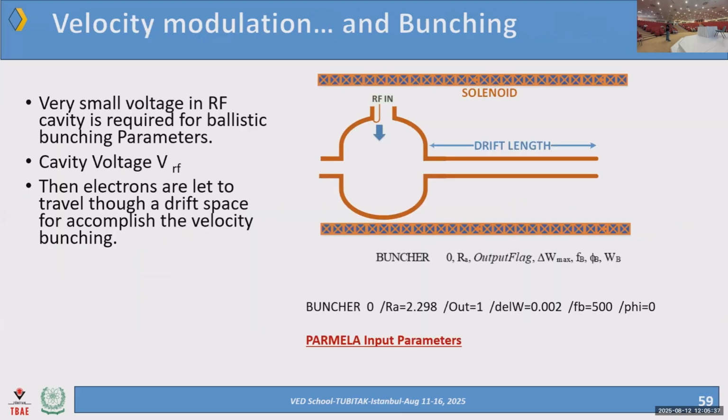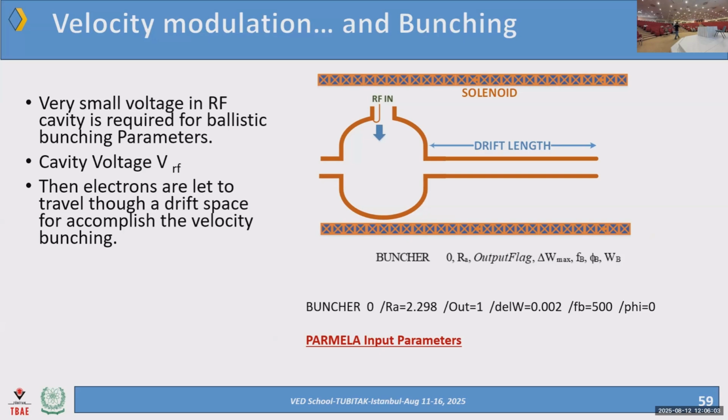Now comes the simulation part. Say, for example, someone has already designed a cavity. For us, this is a buncher cavity, and we have an electron gun attached to it. The electrons, when they are here, are subjected to a certain voltage.